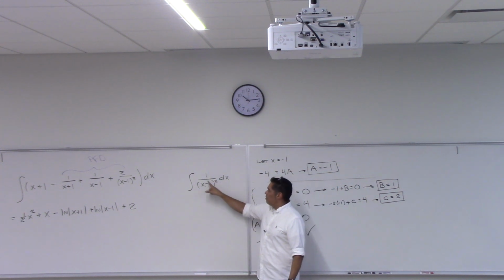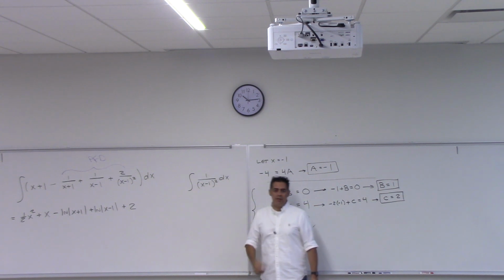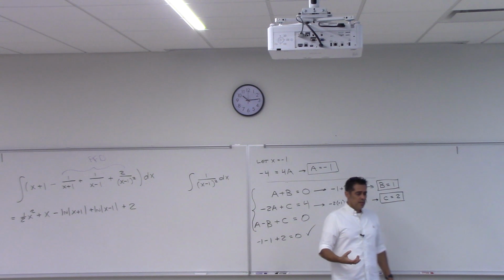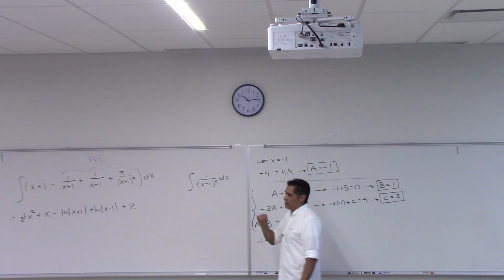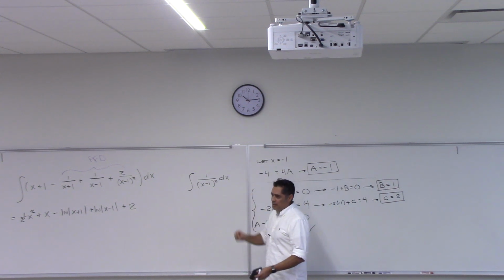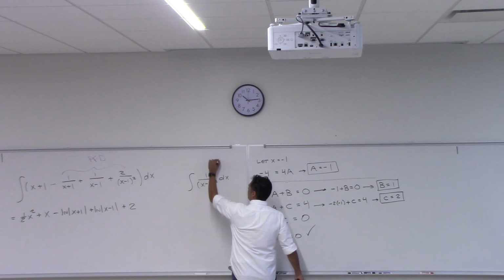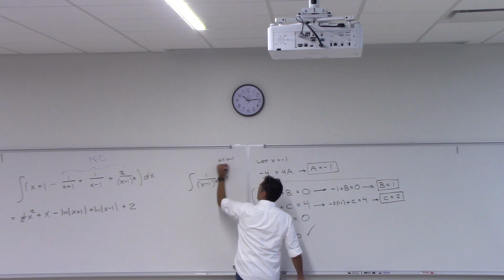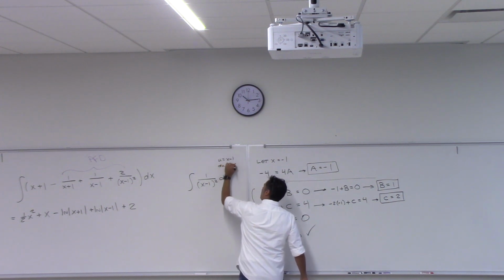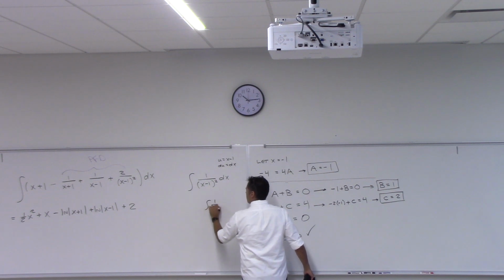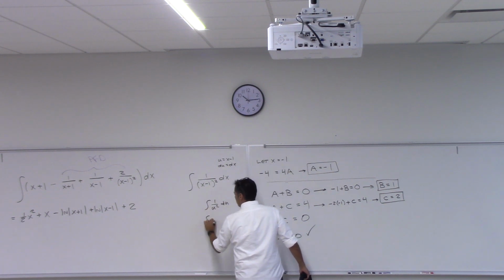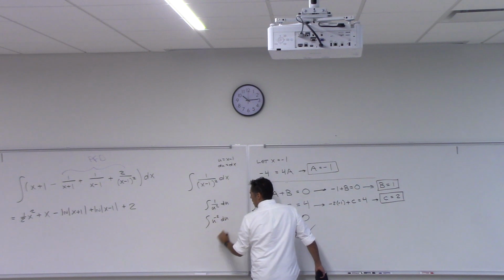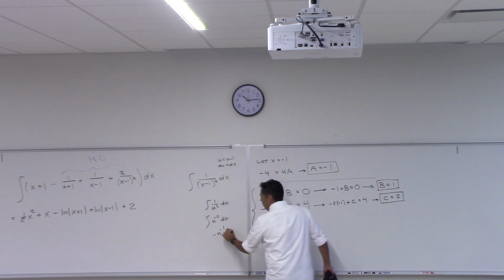We have a constant over not linear, but repeated linear. And when we have that by itself, we can do a basic u substitution. If you squint your eyes, I said you want to get to the point where you're not having to write it down, but if you're not there, just remember u is x minus 1, du is dx. This integral becomes 1 over u squared du. This is the integral of u to the negative 2 du. You use the power rule, you get u to the negative 1 plus c.